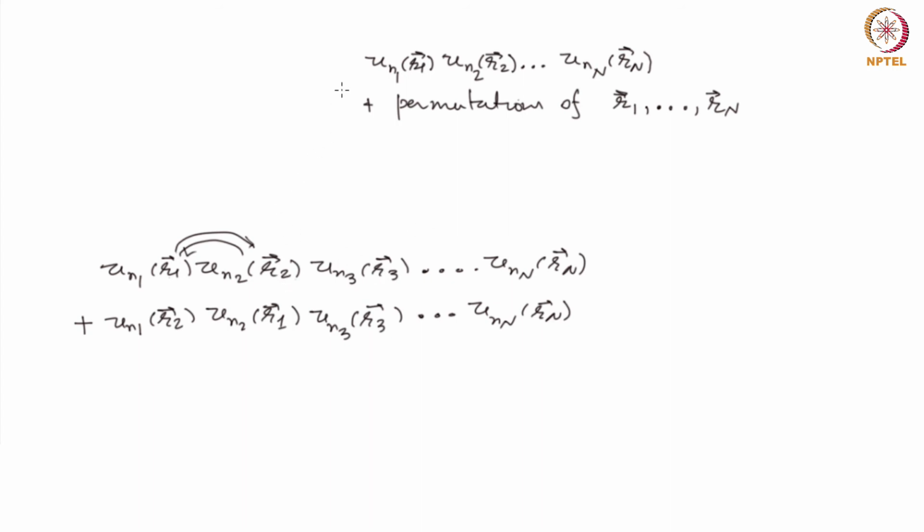There are N factorial such permutations, so I would normalize this state by dividing by the square root of N factorial, and this is what I define to be this. So these are your symmetrized eigenstates of the Hamiltonian.